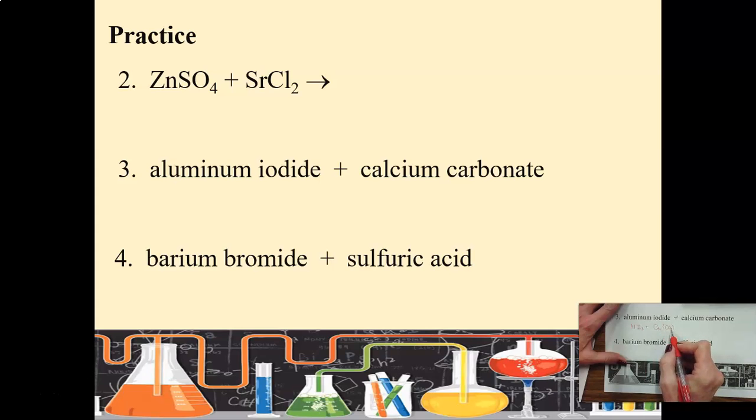Carbonate is -2. So we're going to swap partners here. Aluminum and calcium are going to switch partners. So my new compounds will be aluminum carbonate. Aluminum's oxidation number is +3, carbonate's -2, so I would switch those. 2 there and a 3 there. Plus calcium iodide. Calcium's +2, iodine's -1, so it'll be CaI2.